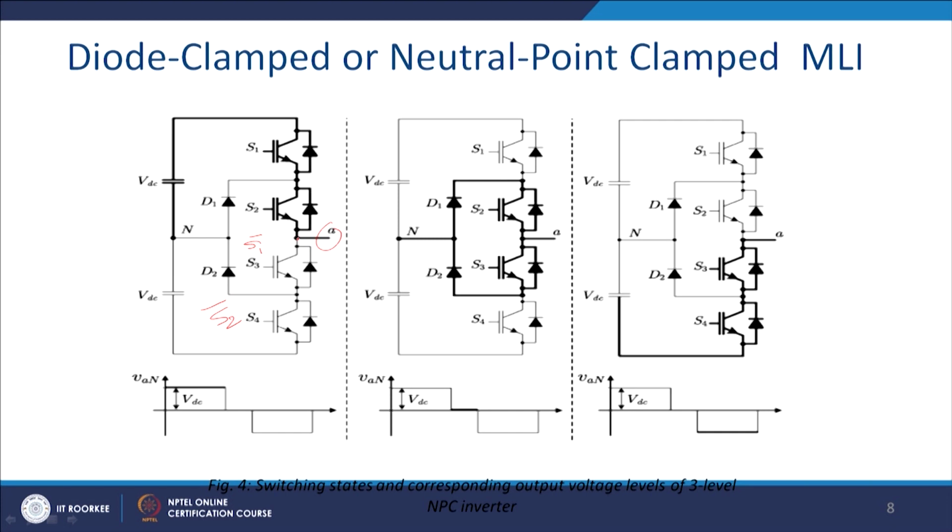Now, it will be an assignment for you when the voltage leads or lags. Once you connect, you get plus VDC by 2. But generally, since you are tracking the sine wave, you generally do not apply this high voltage at the beginning.